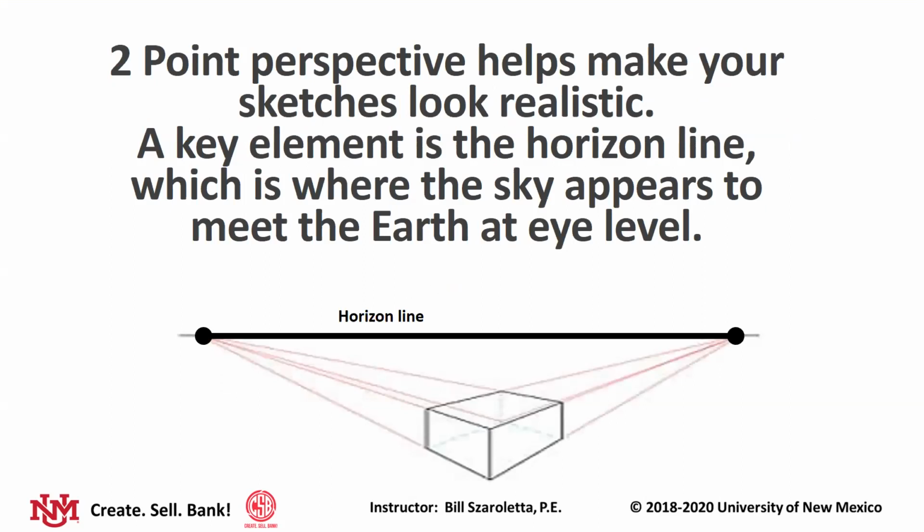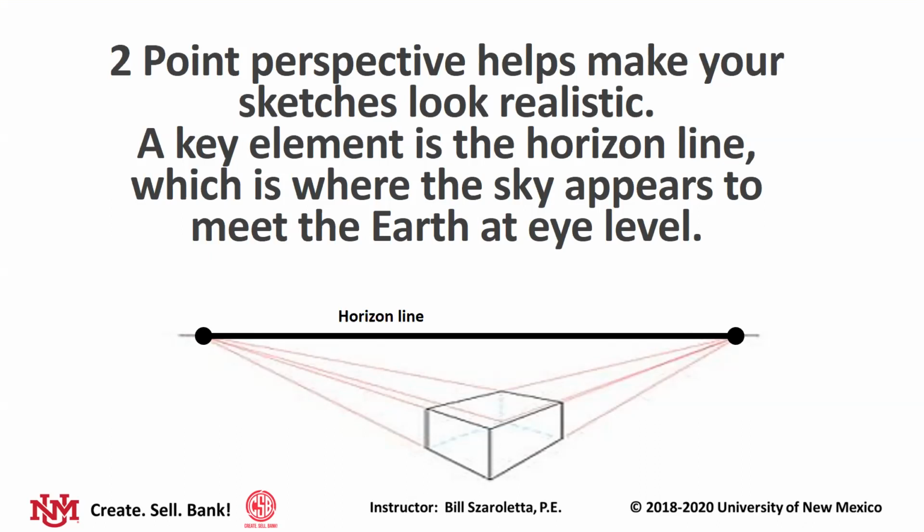Now, let's talk about two-point perspective, which helps make your sketches and the objects that you're sketching look realistic. A key element of a two-point perspective is the horizon line, and that's shown right here. It's where the sky appears to meet the earth at eye level.